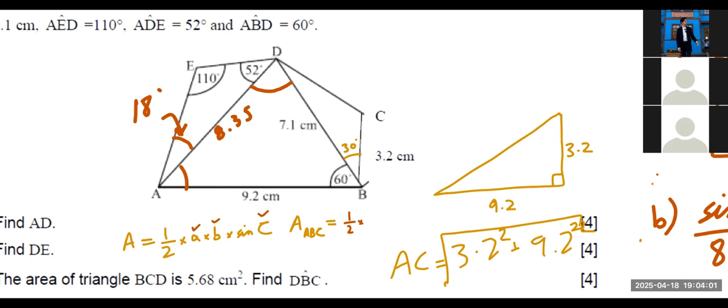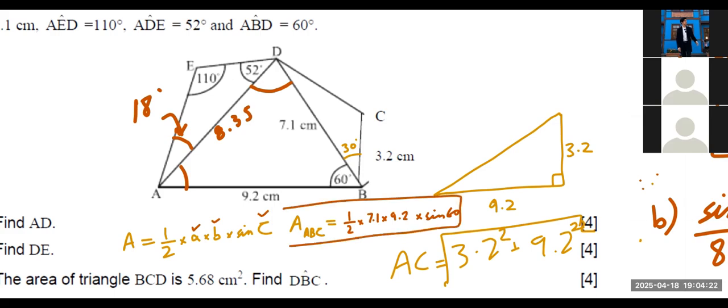Any two sides and the angle between them. So could you do 7.1 times 9.2 times sine 60? Exactly. So we can find the area of this by using this formula.